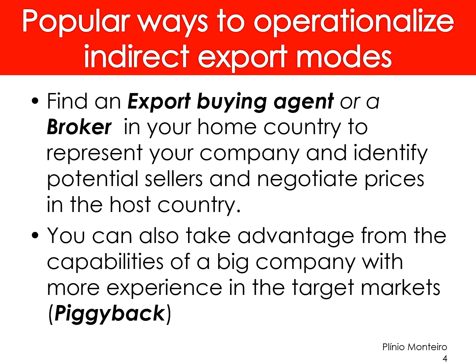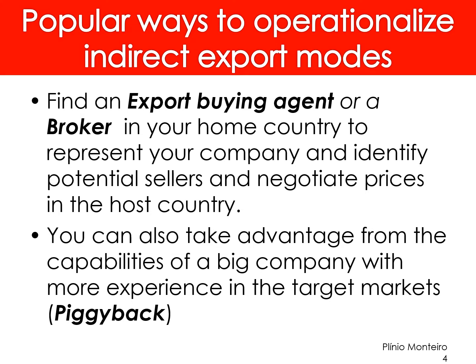To establish your indirect export mode, you can use two main types of approach. The first one is finding an export buying agent or a broker in your home country. This will help you represent your business when you try to sell your products abroad.